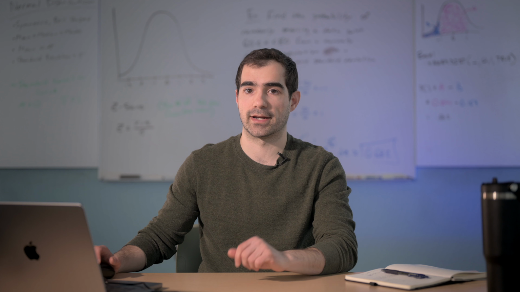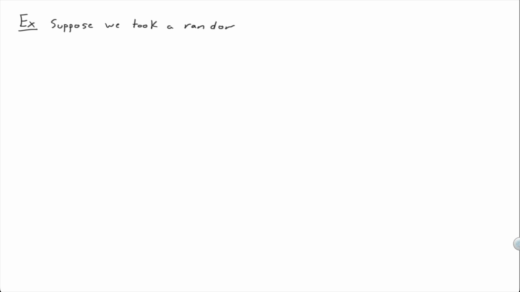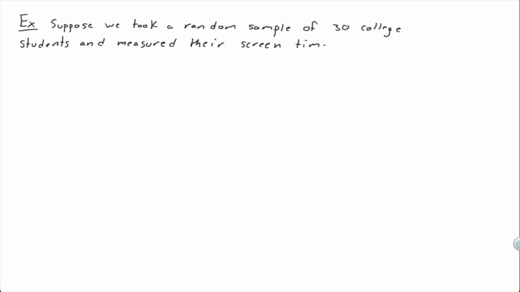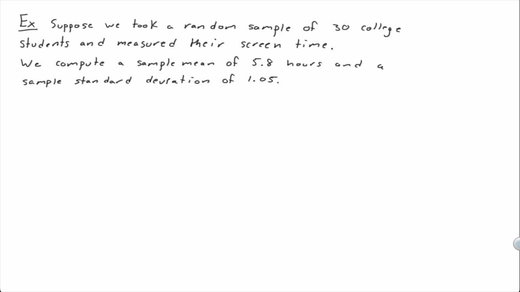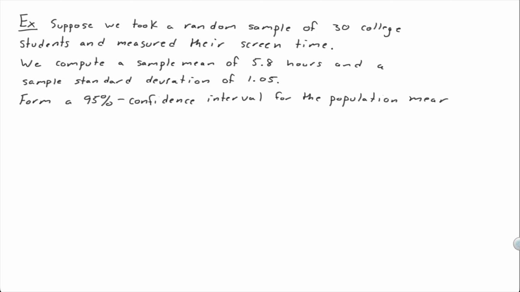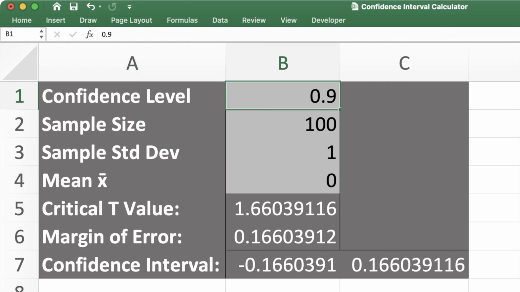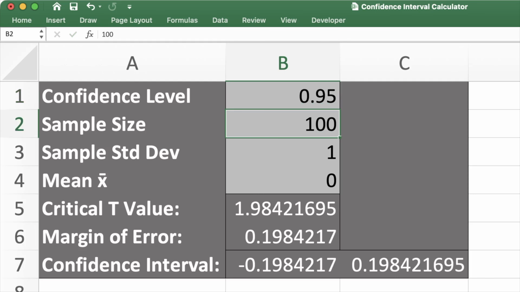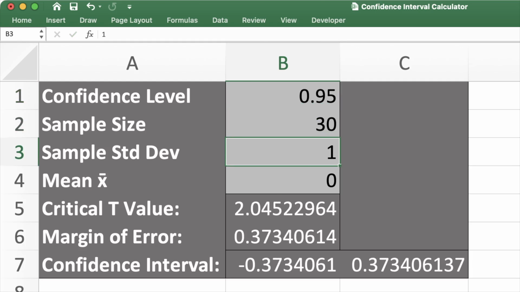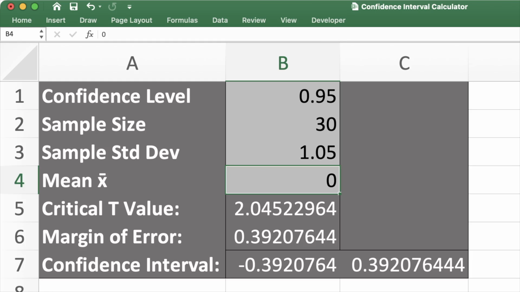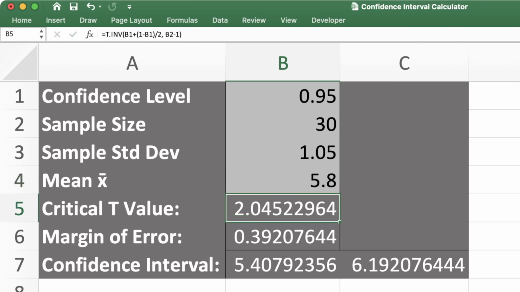But let's try it out. Using the same sample of 30 students from before, we calculated a mean of 5.8 hours. We can also compute the standard deviation of this data set too. And if we do that, we'll get 1.05. Let's use a confidence level of 95% for this problem, 0.95, and plug those values in. 0.95 for a confidence level, 30 for our sample size, 1.05 for our sample standard deviation, and 5.8 for our sample mean.